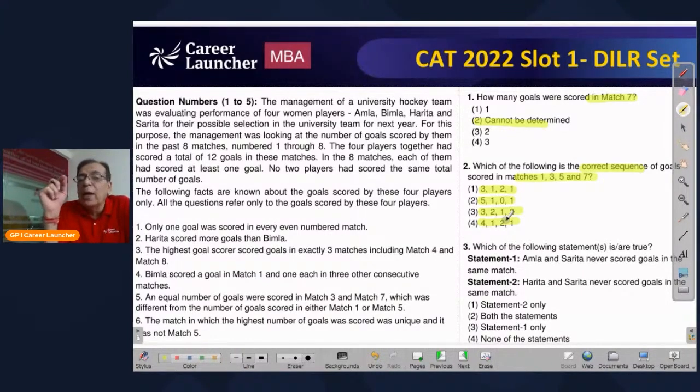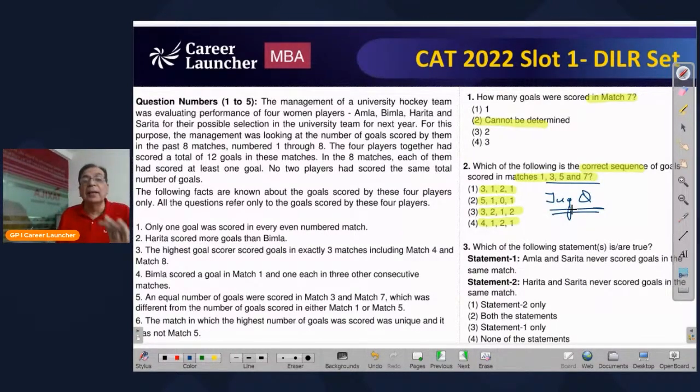So if I'm able to pick out one number out of these also, in the worst case I will be able to reduce the choices, and in the best case I will probably get the answer straight away. So this question number 2, this is my Jugaad question. I will keep this in my mind when I'm solving the question or making the table, and I will be very clear. I need to first find out 1, 3, 5, 7.